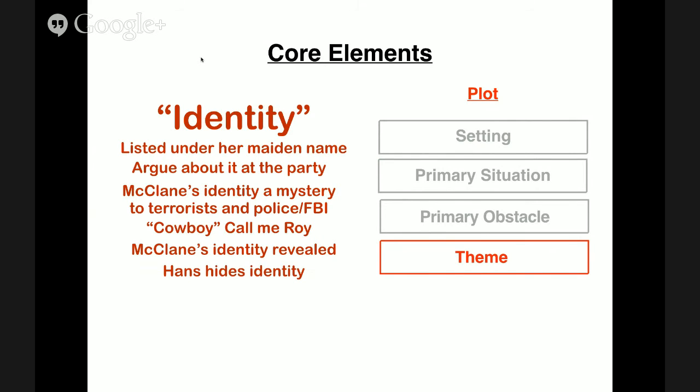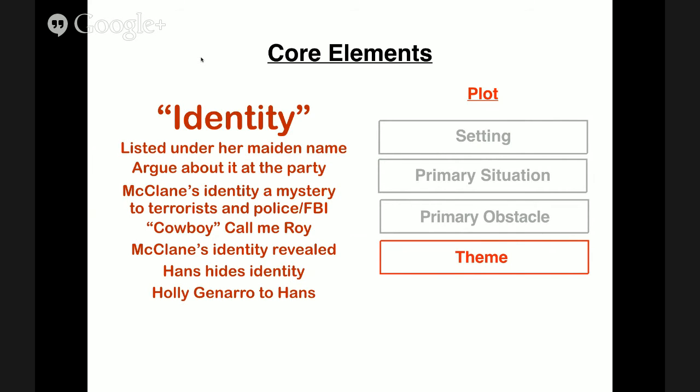Then there's that scene where Hans is poking around and he's caught by McClane, but McClane never saw what Hans looks like, so Hans conceals his identity. And then when Hans Gruber knows John McClane's identity, he's sitting right in Holly's office.